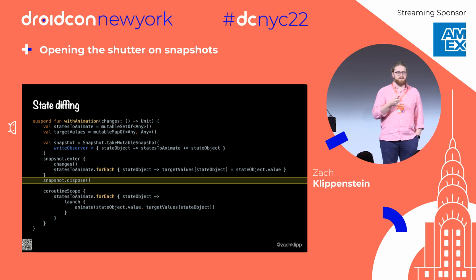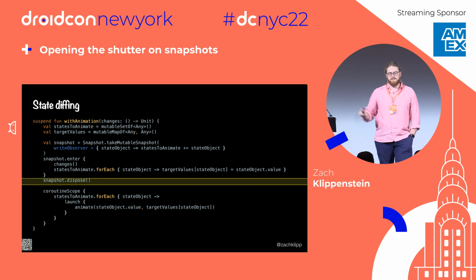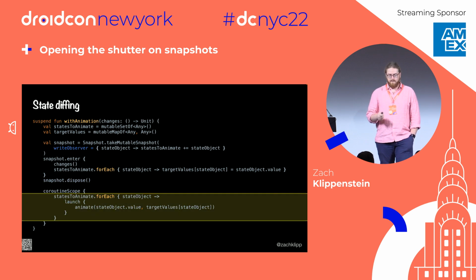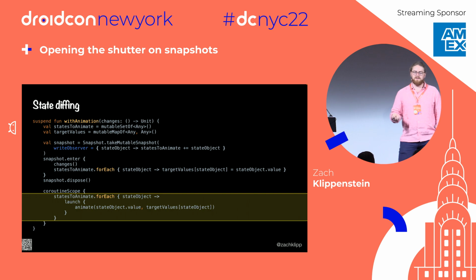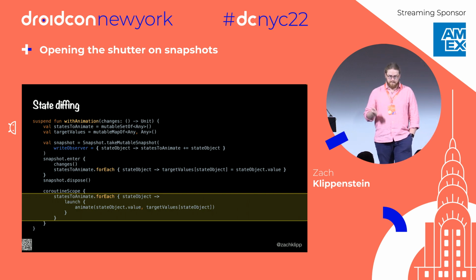This is cool because we need to run changes to get the set of things that changed and to see what the new values are. But now we want to animate them over time, so we don't want to apply them right away. To do the animations, we just create a coroutine scope, loop over each of the changed objects, and then launch a coroutine to animate. Here we read the state object value again, but because we're outside of that snapshot, we'll now see the old value.